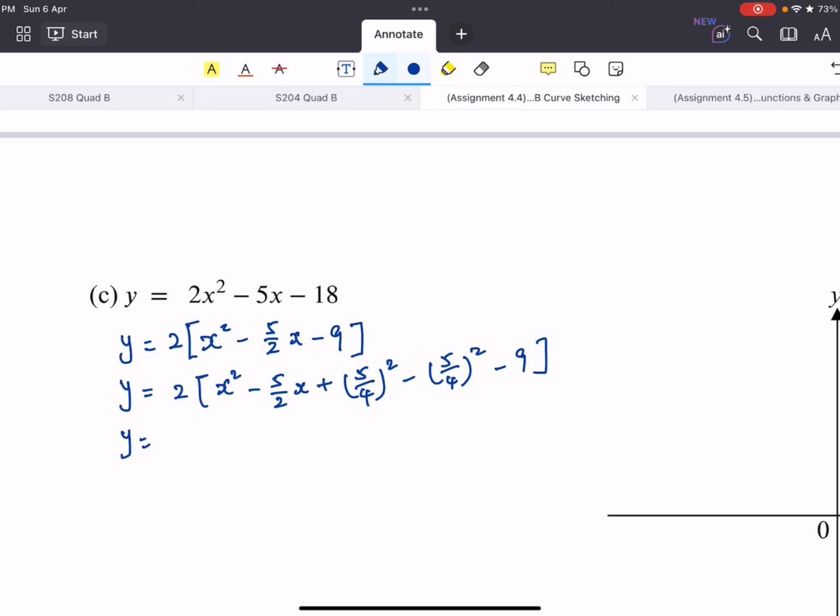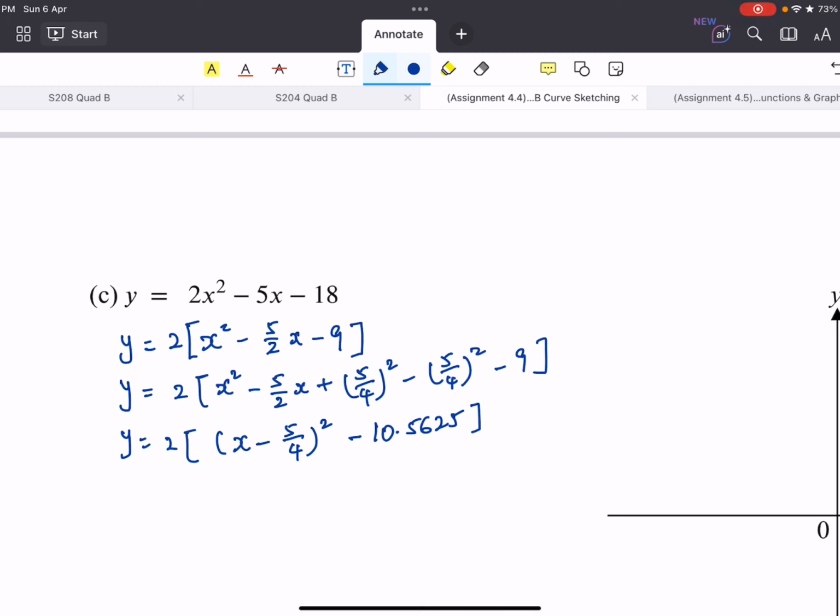So y equals 2 (x minus 5 over 4) squared. So on the other part, I need to use my calculator. So we have 5 divided by 16, so it's minus 10.5625. Okay, right.